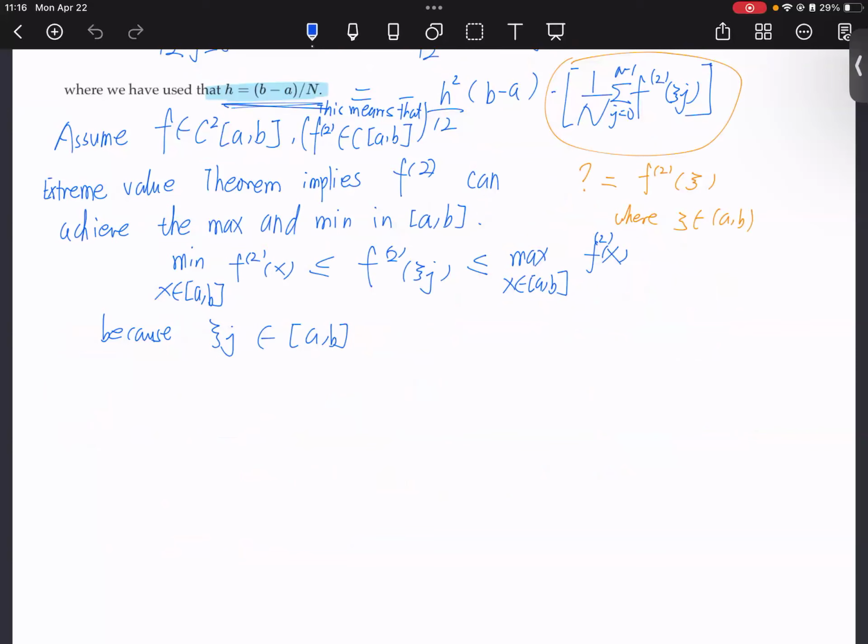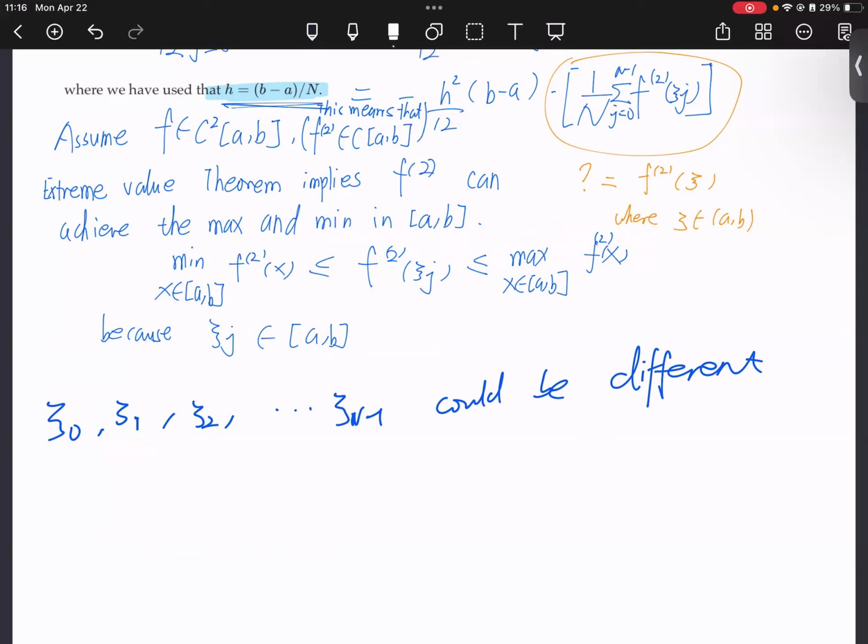They are different. c_0 could be different from c_1, c_2, and c_{n-1} could be different. They could be different. So we need to get one. We want to get one common c to get a nice format.